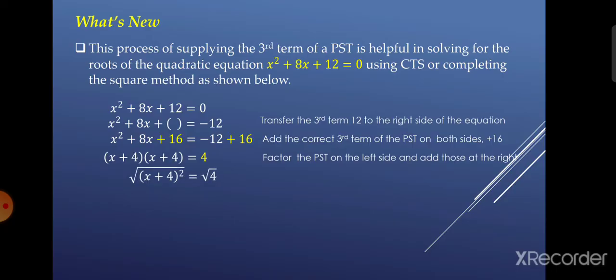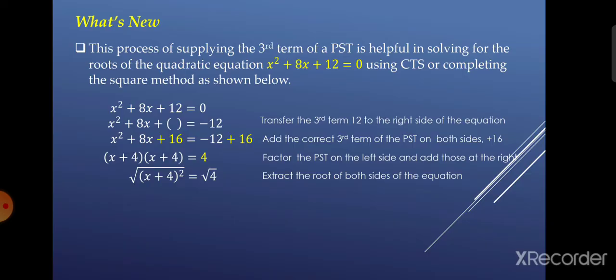Okay. We rewrite ang duha ka binomials into the square of x plus 4. Kaya parehas man sila, so pwede rin isulat as the square of the binomial x plus 4 equal to 4. Then to solve for the value of x, we will eliminate the exponent 2 sa binomial nga base x plus 4.